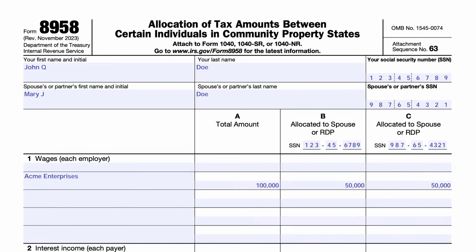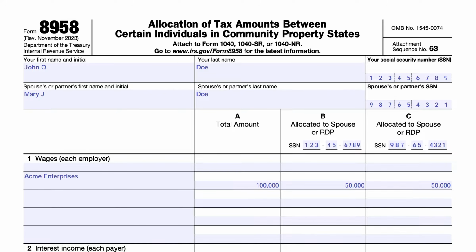Based on community property rules, generally any income that is earned, for example, whether it's self-employment income or wage income by one partner in a community property state, would be allocated in equal amounts to both partners.